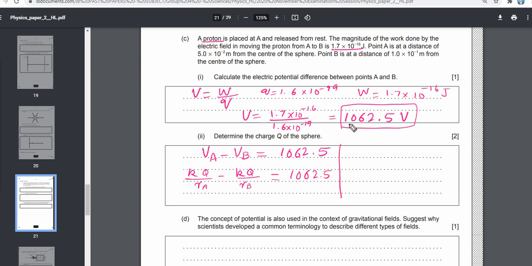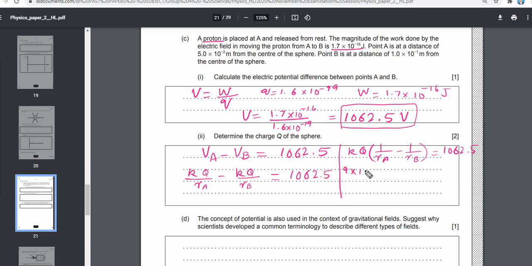So I'll do some working over here. I'll take KQ as common, and it will be 1 over RA minus 1 over RB equals 1062.5. So let me find out the values.